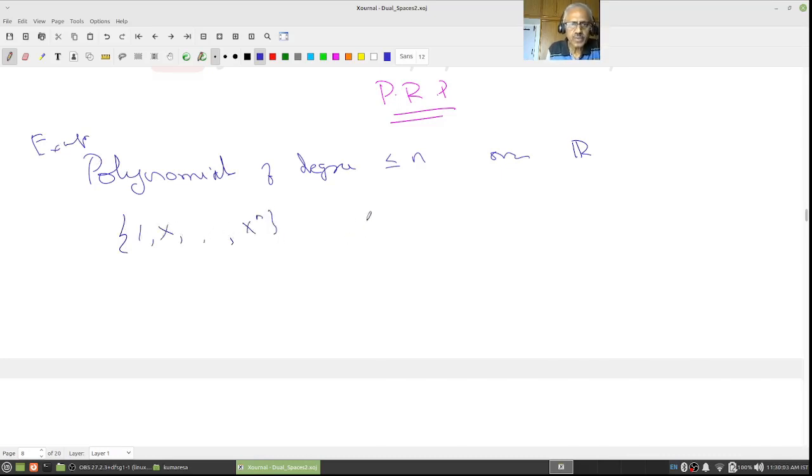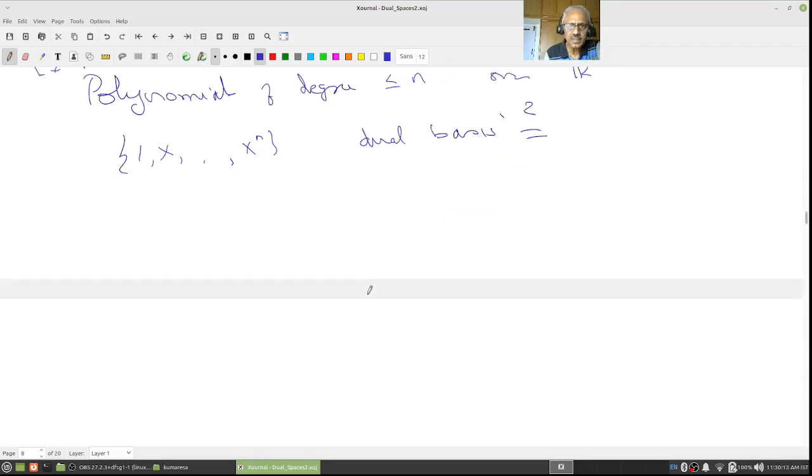So I can ask what is the dual basis. This is going to be something very interesting, right? Let us call this space P_n. Then I want phi in P_n star, the dual of P_n.